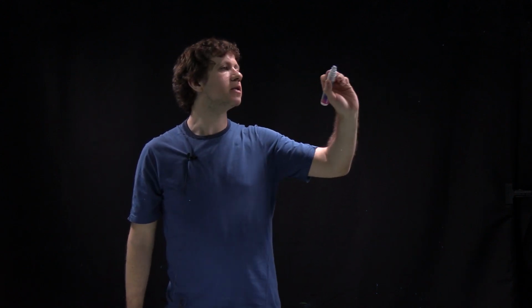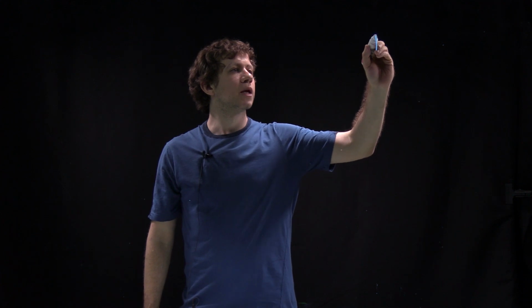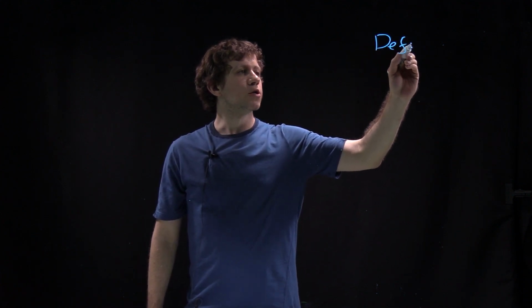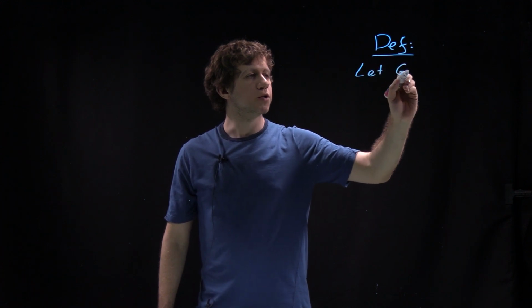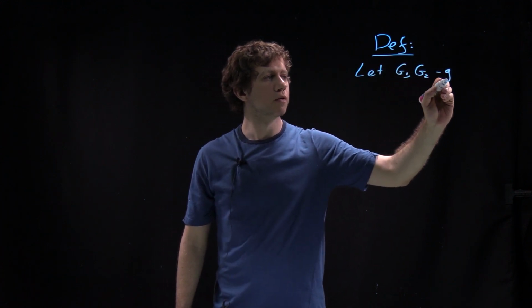Okay, finally, isomorphism. So this is a bit more complicated, but you're already familiar with isomorphism of vector spaces, so it should be fine. So, definition. I want to say two groups are equal. So let G1, G2 be groups.